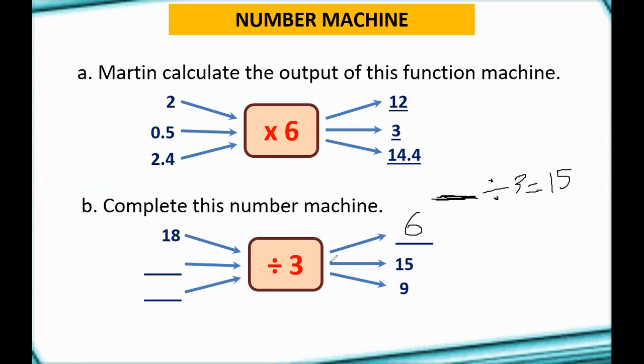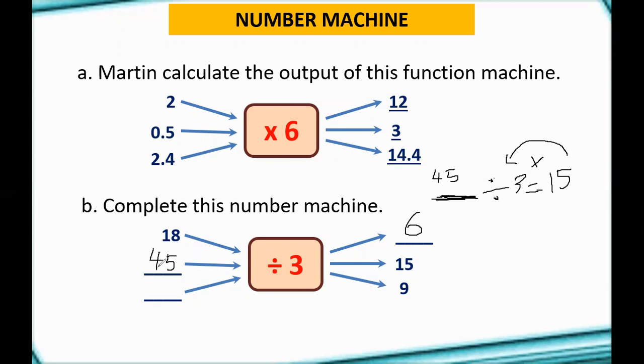But since our rule here is divide by 3, therefore we are going to multiply. We are going back. So the inverse of division is multiplication. So 15 times 3 gives us 45. Therefore, our input here or the starting number is 45.